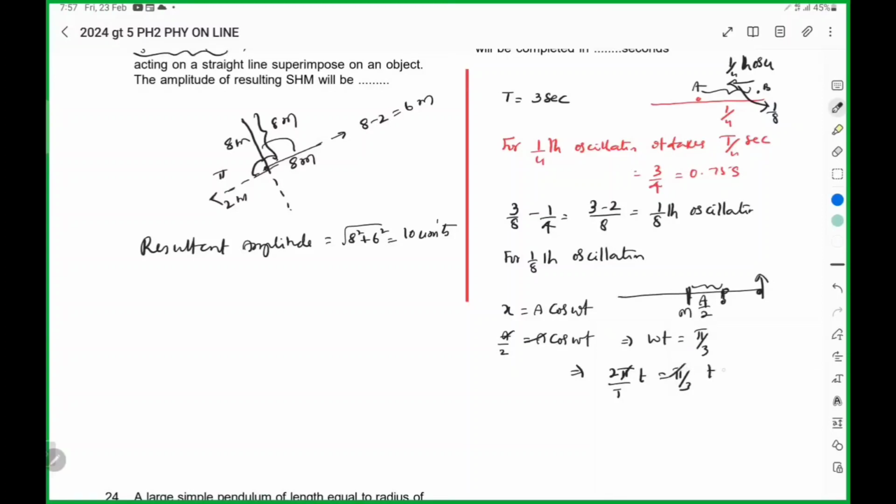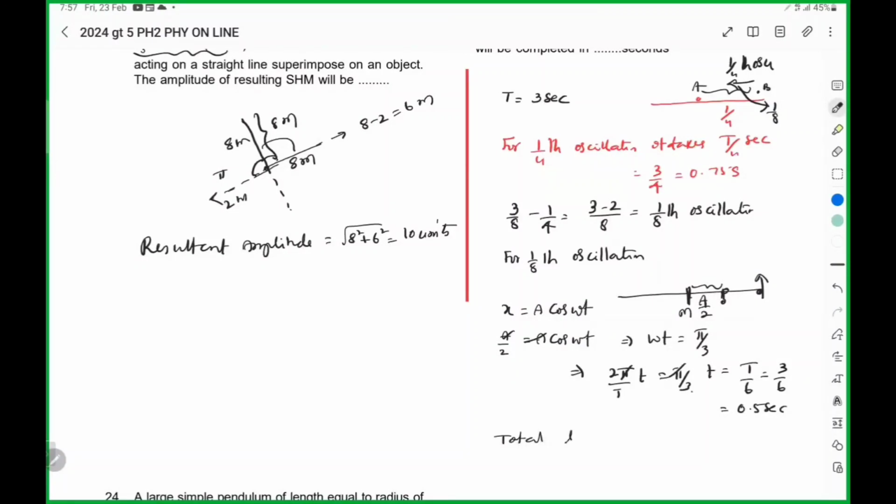We get here t as T by 6, that is 3 by 6, half, 0.5 seconds.